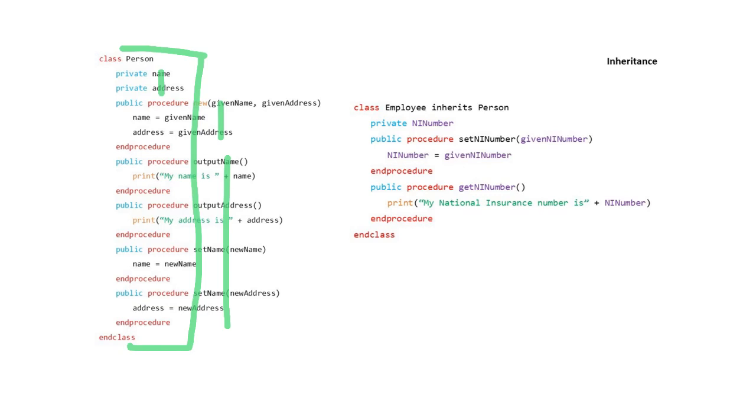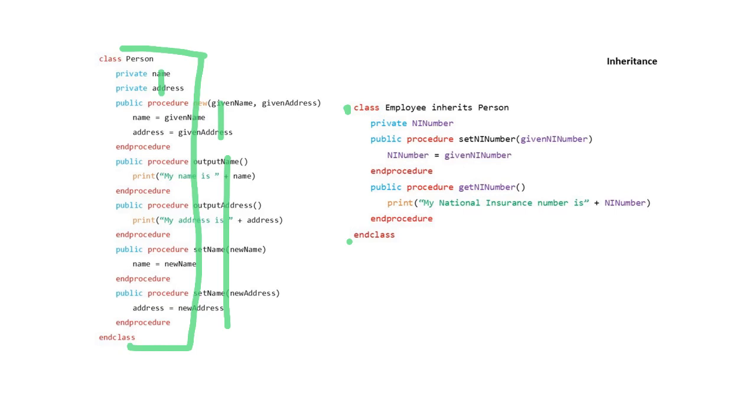We now want to create a more specific subclass of person called employee. We don't want to change anything from this person class on the left. We still need all that code and all those attributes, but we need to add a national insurance number and an extra procedure to deal with the national insurance number. So, as you remember, we start classes with the word class and end with end class.